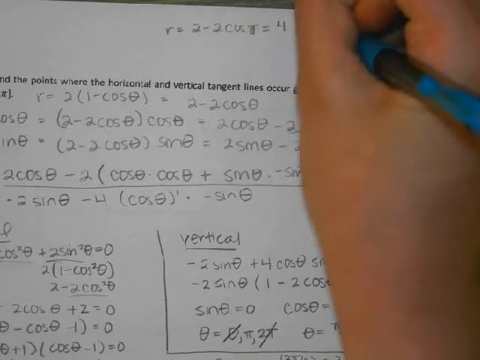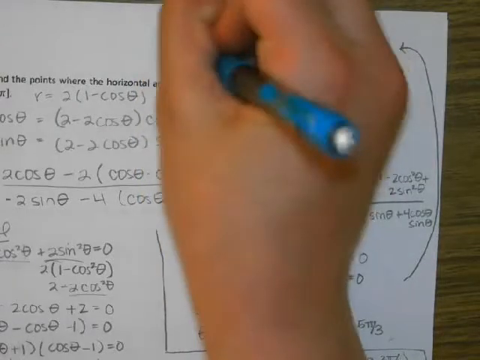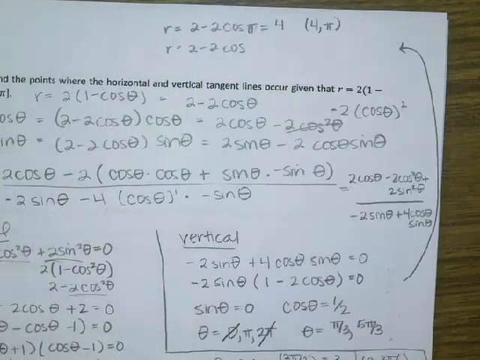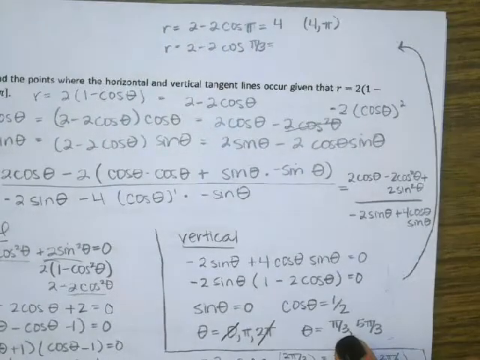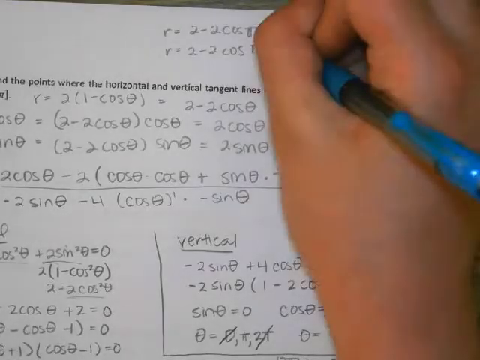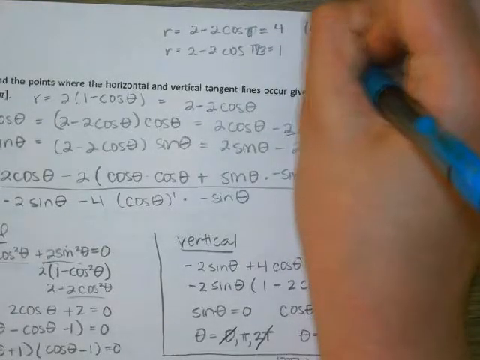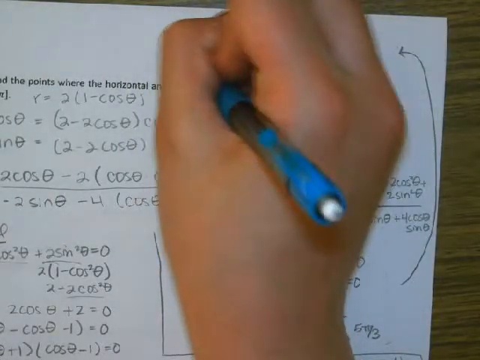That gives us the point (4, pi). And then we have r equals 2 minus 2 cos pi thirds. We know that cos of pi thirds was 1/2. So 2 minus 2 times 1/2 is 1. And then 5 pi thirds is the same, it's also going to give you 1.